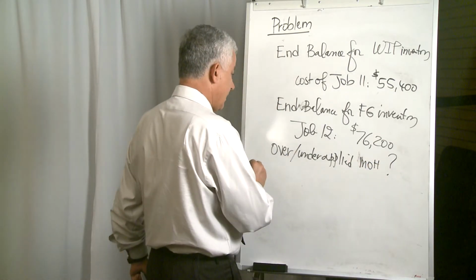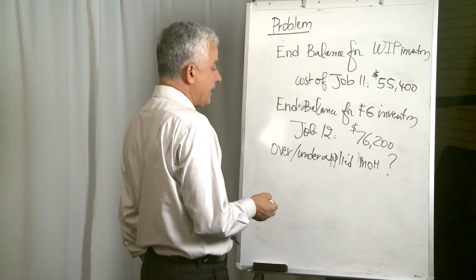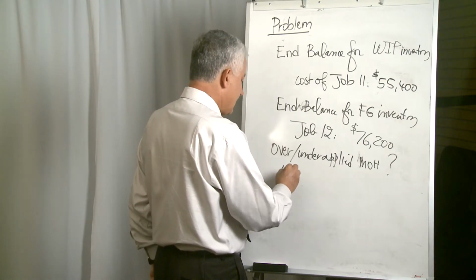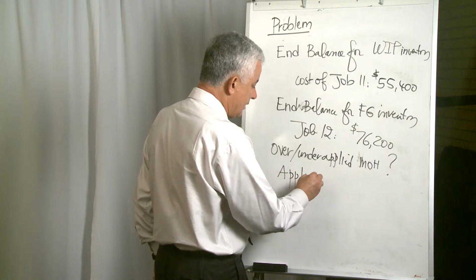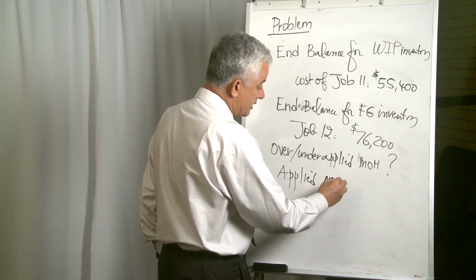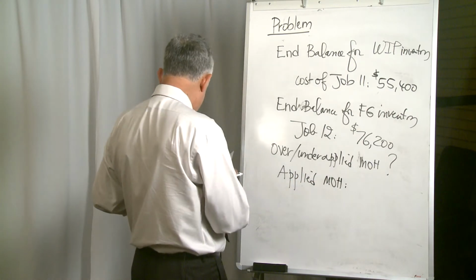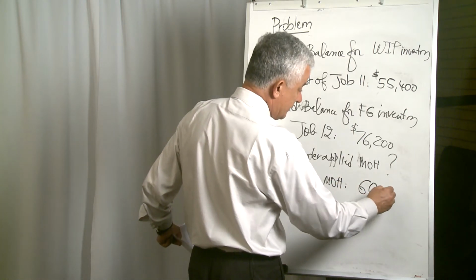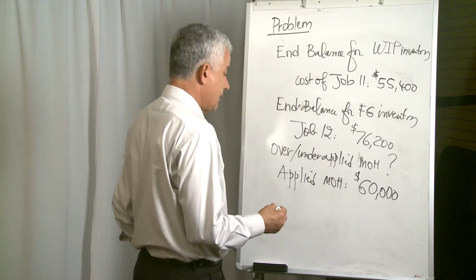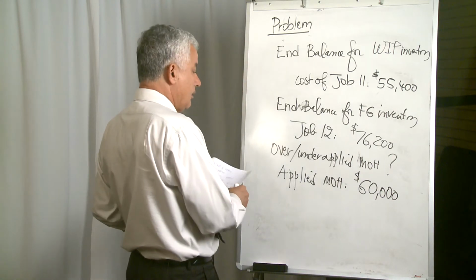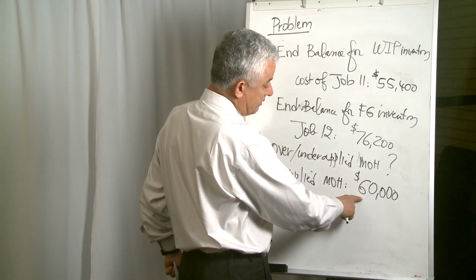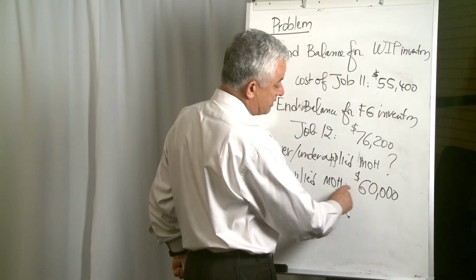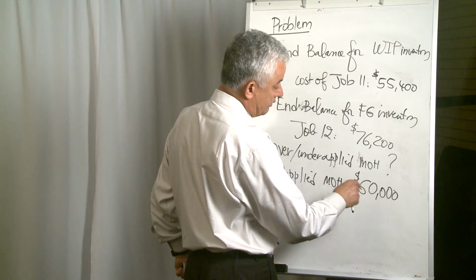Let's see whether it's an over application or under application. The applied manufacturing overhead consists of 60,000, which is the sum of all the overhead allocated to each single job, jobs 10, 11, and 12.